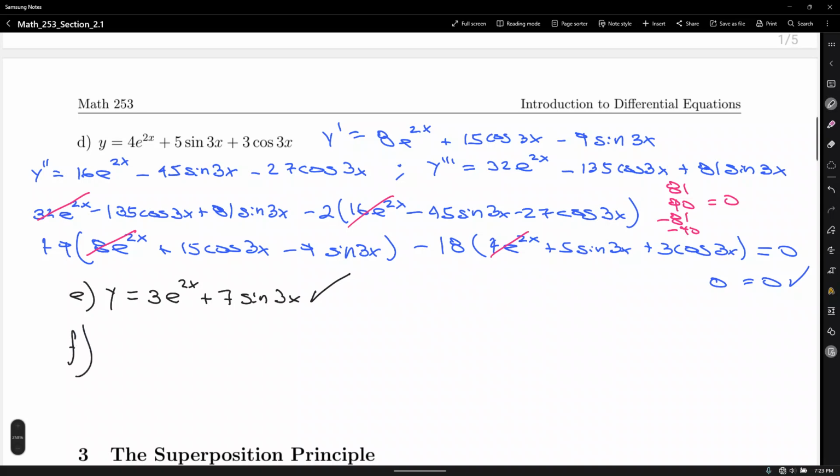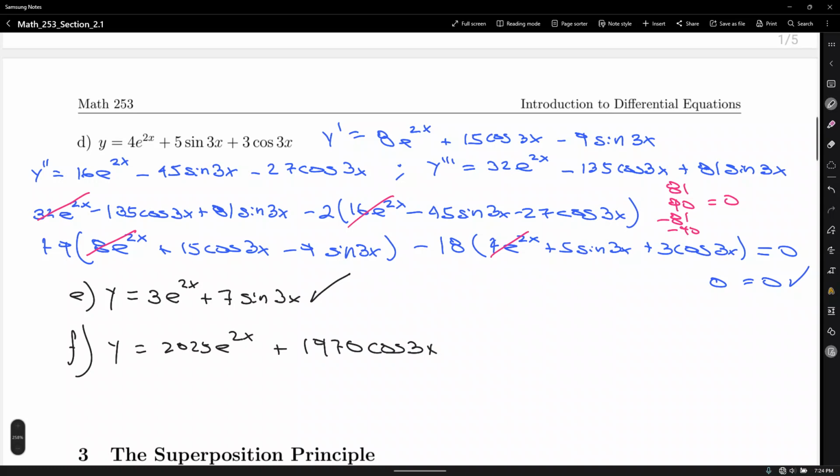Maybe another one, F, maybe simply y equals, I don't know, maybe 2025 e to the 2x plus, I don't know, 1970 cosine 3x.